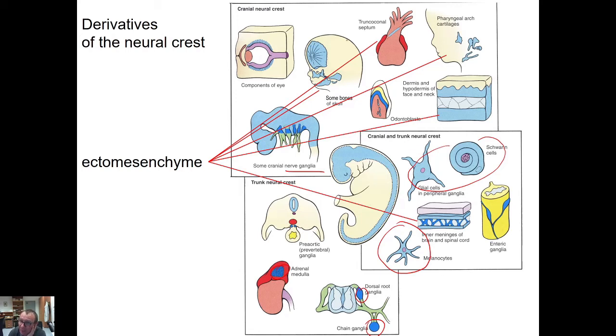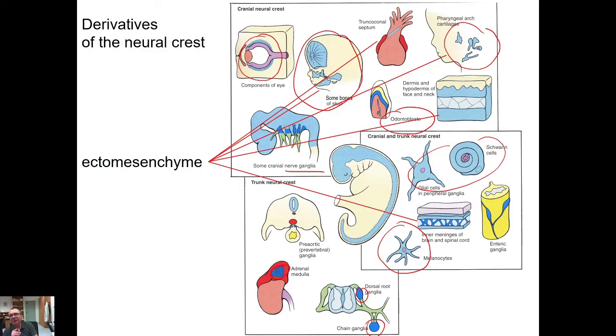And this mesenchyme is important for formation of some bones, connective tissues of the eye, connective tissues of so-called pharyngeal arches in the area of the neck, odontoblasts, which are the cells of the tooth, and also one structure which is quite distant from the head, and it is the septum in the heart. A part of the interventricular septum has the same origin because the cells can migrate a very long distance.